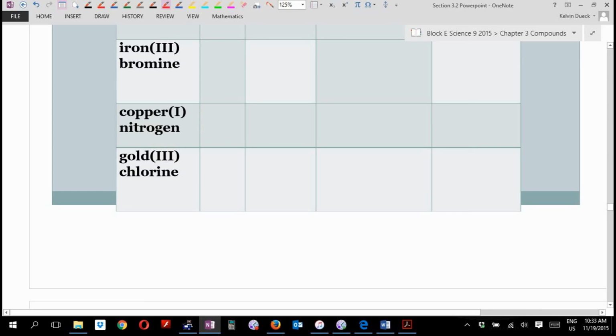Copper is, what is copper? Cu. It's multivalent. Oh, wait a minute. Which charge do they want me to use? 1. Nitrogen is 3 minus. What's the formula going to be?